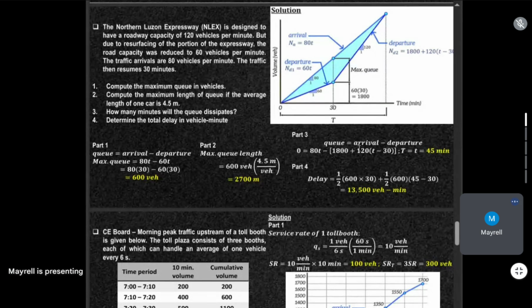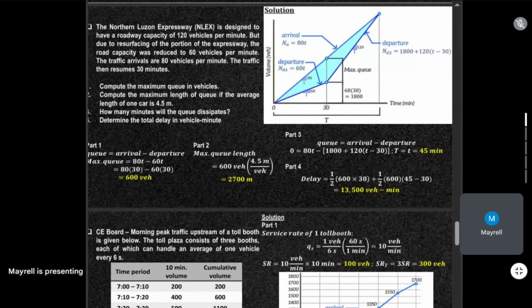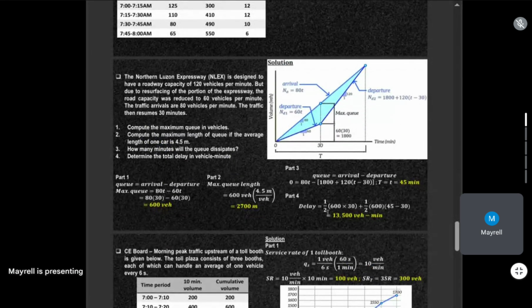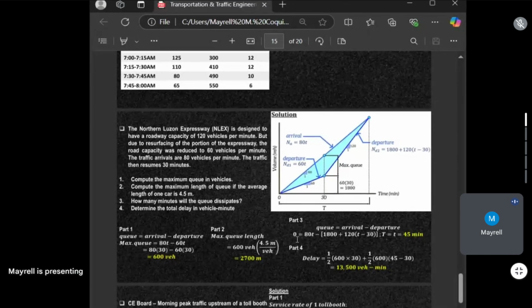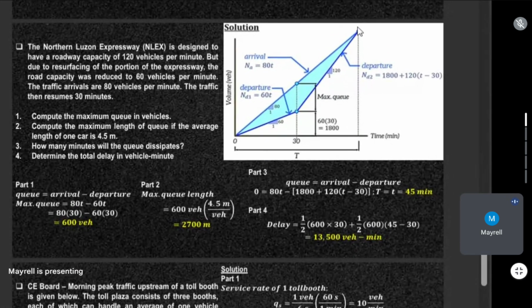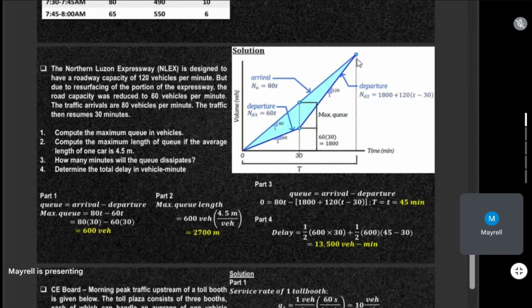Q is the arrival minus the departure. When Q is 0, the queue has dissipated, or rather, it doesn't become zero, they meet. The arrival and departure meet. At this point, the departure becomes greater than the arrival.